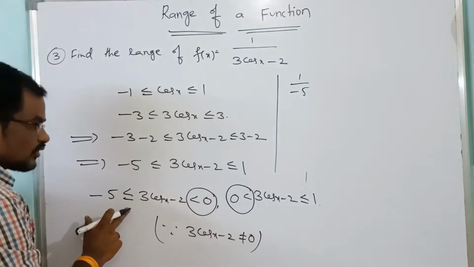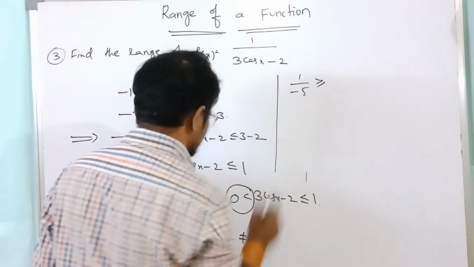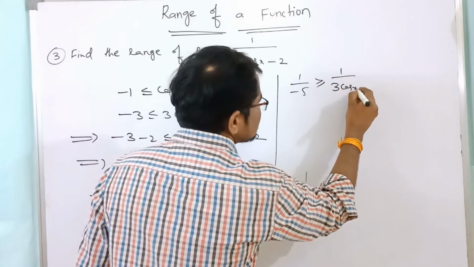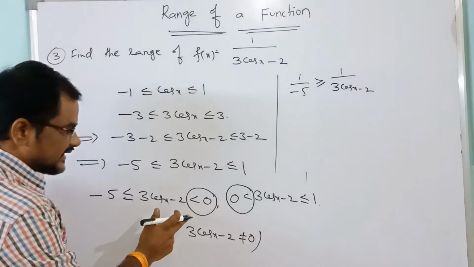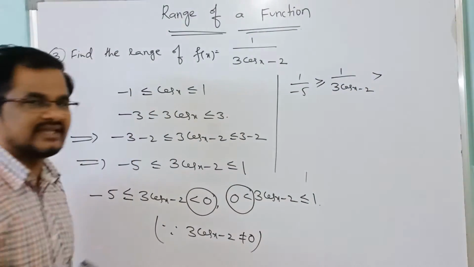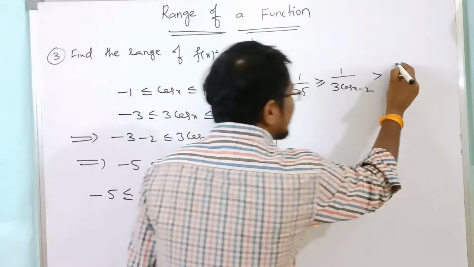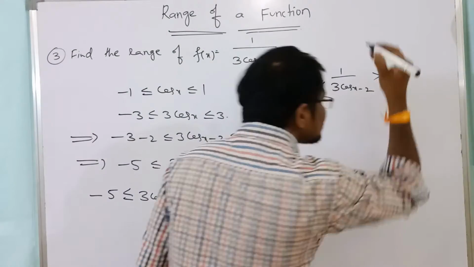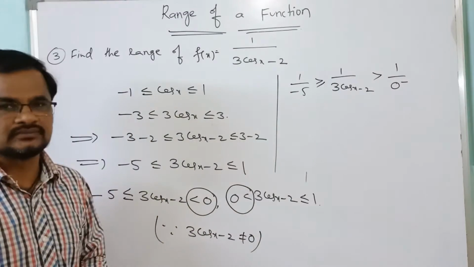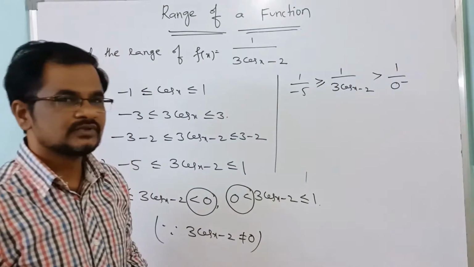Here less than or equal to becomes greater than or equal to 1 by 3 cos x minus 2, and here less than becomes greater than. So 1 by 0 minus you will get. 1 by 0 minus means some negative value.